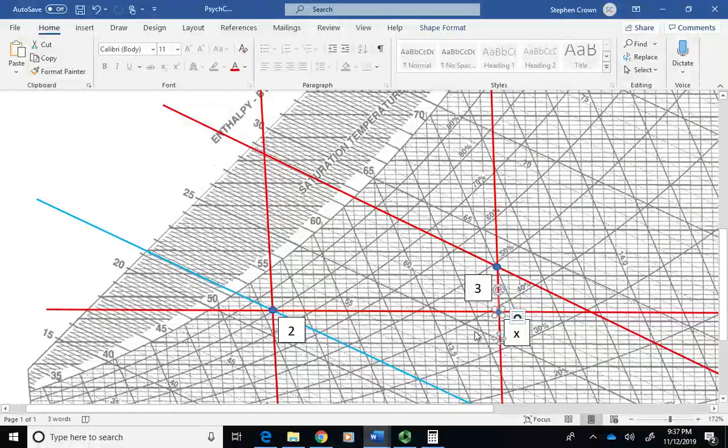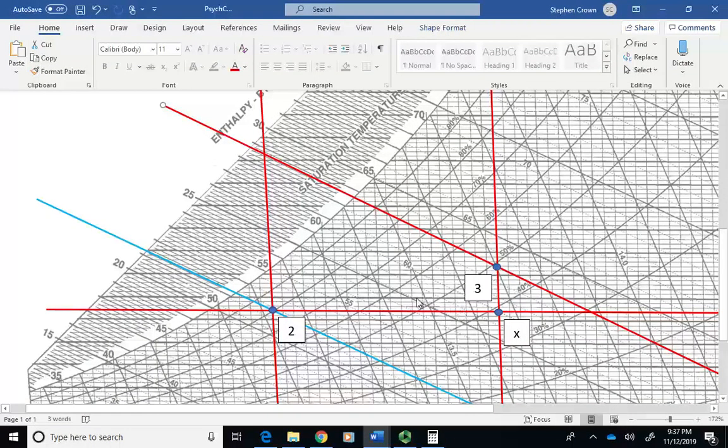now the air doesn't have to go through that point. The air gets heated and humidified together, so there's a line connecting these 2 points. That's probably the real process, but it could heat it and then humidify it. So this from state 2 to state X is called the sensible heating, and this is called the latent.